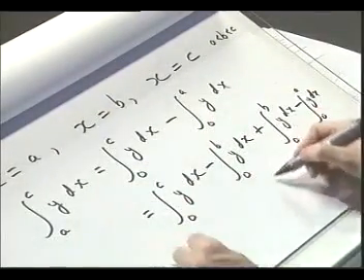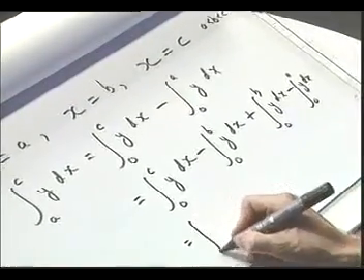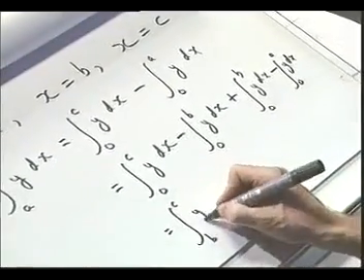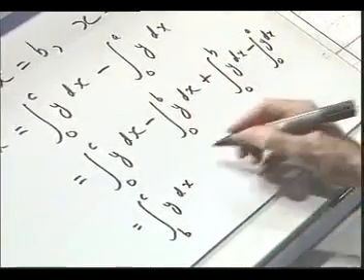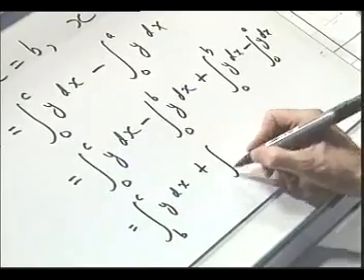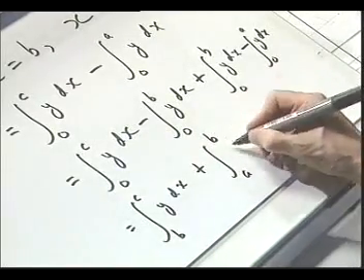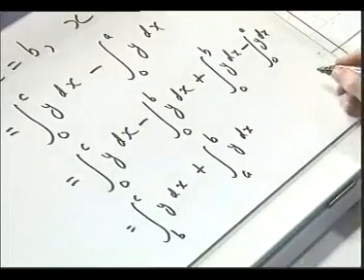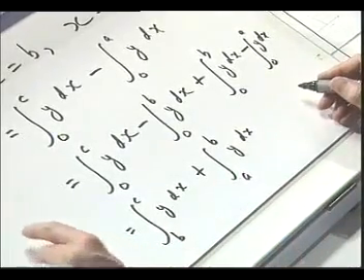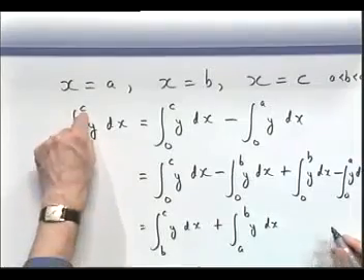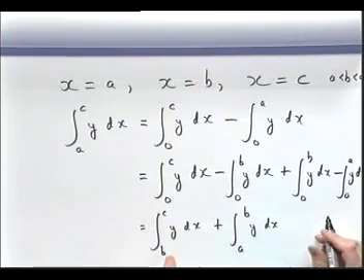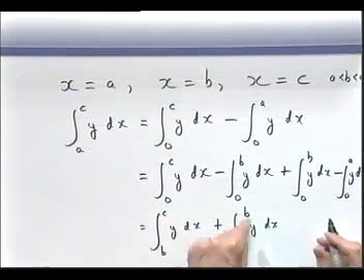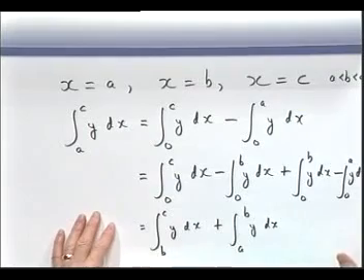Now, if we look at this bit, the natural interpretation of that is again the integral from b to c of y dx, and the natural interpretation of this bit is the integral from a to b, y dx. So that what we've shown is that if we want to find the area from a to c, and there's some sort of inconvenience there around b, then we can work from b to c and from a to b and add the two together to give us the area contained by the curve.